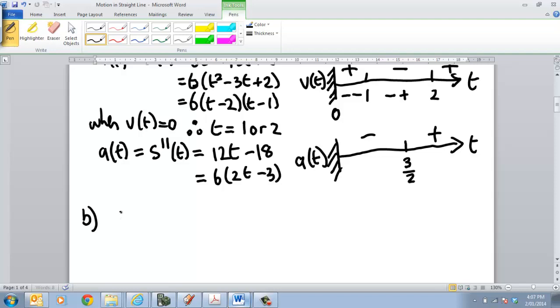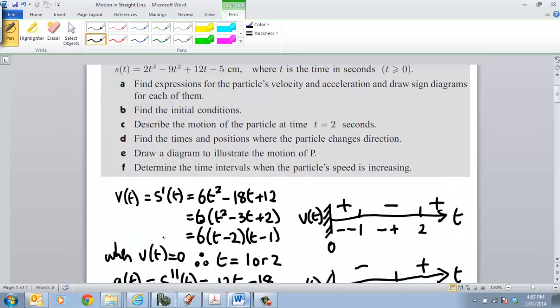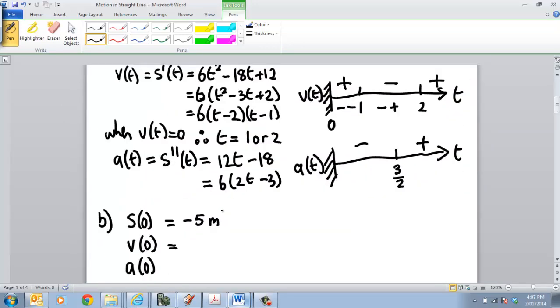So obviously we're looking at S of 0, V of 0, and A of 0. When we put 0 in there, we get negative 5. And I think we're working in metres. Let's work in metres here. When we go to A of 0, it's centimetres, by the way, not metres.